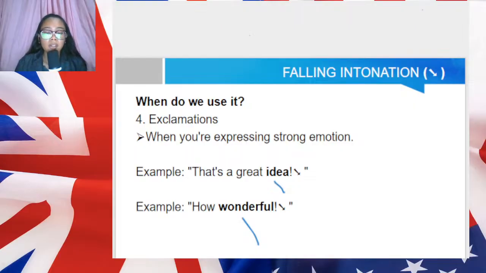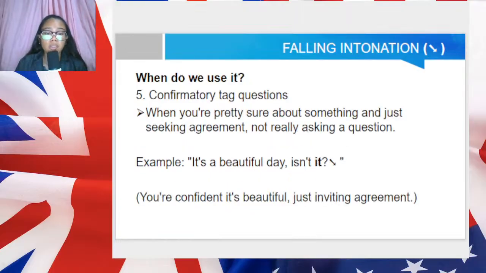The core idea here, again, is that when you're using falling intonation for an exclamation, you are expressing strong emotion in a way that feels complete, in a way that feels definitive and fully released. Your voice here, in a sense, is delivering the final emphatic punctuation mark of your feeling. It's not just stating something, it's feeling it out loud with conviction.